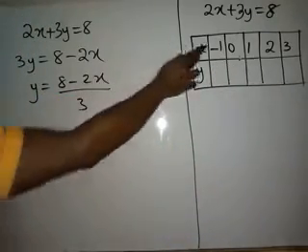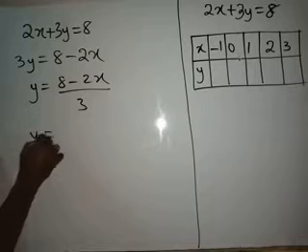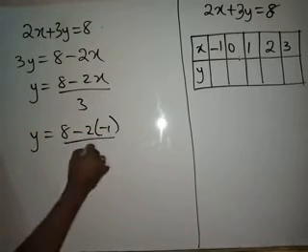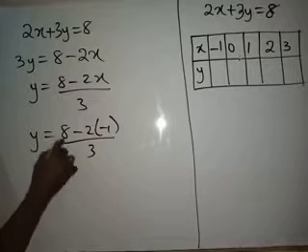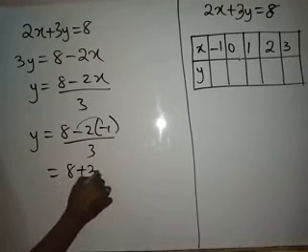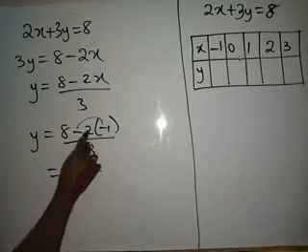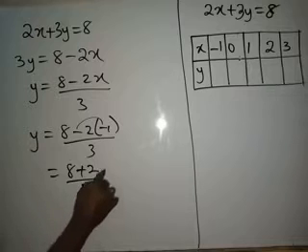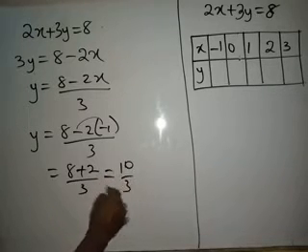So when x is -1, I will have y equals (8 - 2 times -1) over 3. Minus times minus gives me plus, so 2 times 1 is 2, and this will give me 10 over 3.